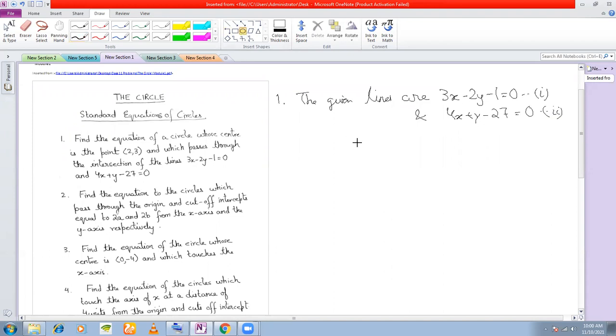If I have to somewhat visualize this circle, let us say this is my circle here and the center is given to you here, 2, 3. Okay. And let's say the circle passes through the intersection of two lines. Okay, let's take the point here.